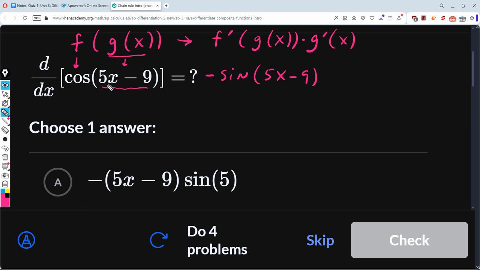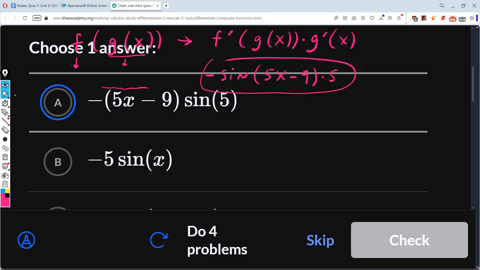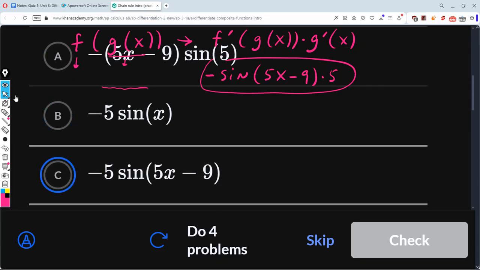The derivative of this right here is just 5. The derivative of 5x is just 5, and the derivative of negative 9 is 0. So this is it right here. You could just move the 5 out front if you want. So that is clearly answer C, negative 5 sine 5x minus 9.